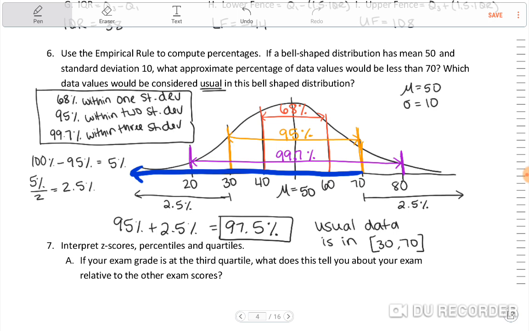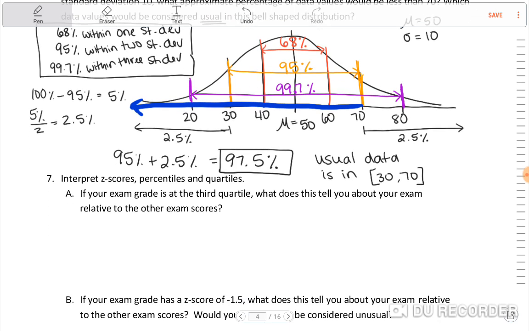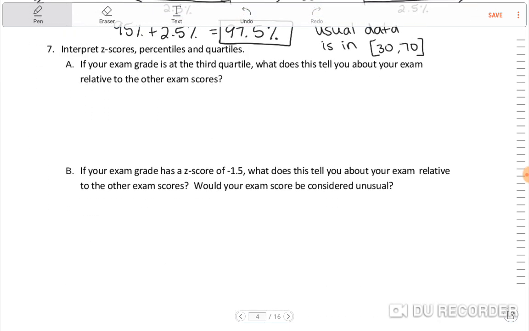All right. So, interpret z-scores, percentiles, and quartiles. If your exam grade is at the 3rd quartile, what does this tell you about your exam relative to the other exam scores? The 3rd quartile, so Q3. What does that equal in terms of percentiles?